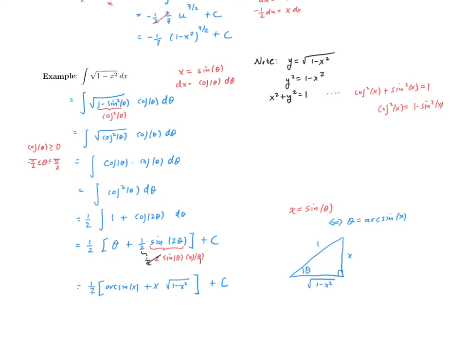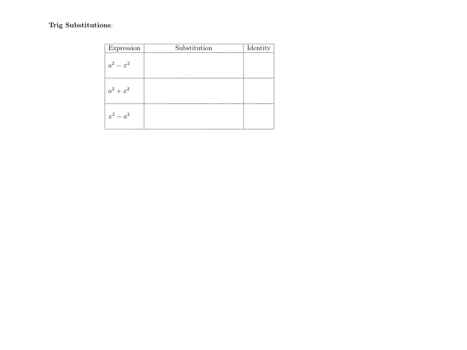And let's finish up this discussion by summarizing when and what trig substitution we would want to use. As we are going to see, the substitution is going to be prompted by seeing some type of expression appearing in our integrand and not being able to use any of our previous methods of integration.